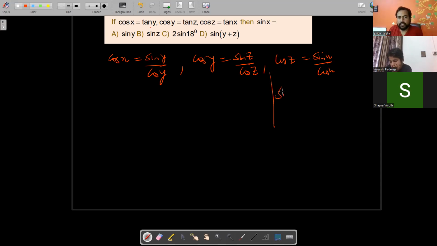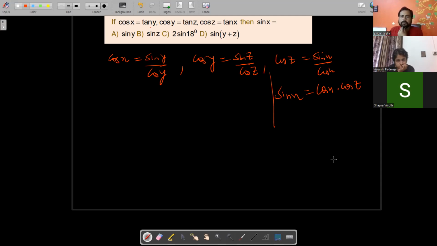So you can see sin x is cos x into cos z from here, cross multiply. And if you see cos x and cos z, so you can multiply and add.